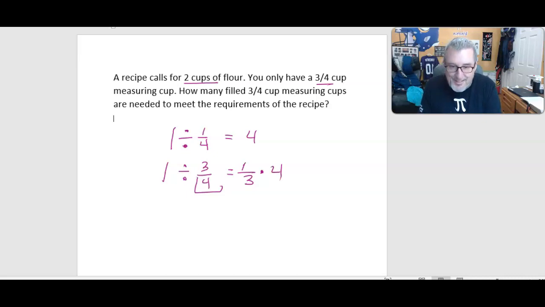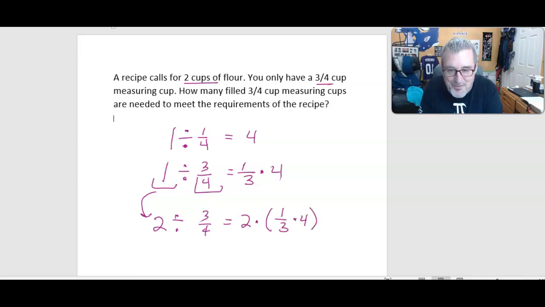And then, finally, I needed not 1 cup, but 2 cups. Now, from 1 cup to 2 cups, I doubled how much flour I need. So I'm going to have to double how many scoops I'm going to need.